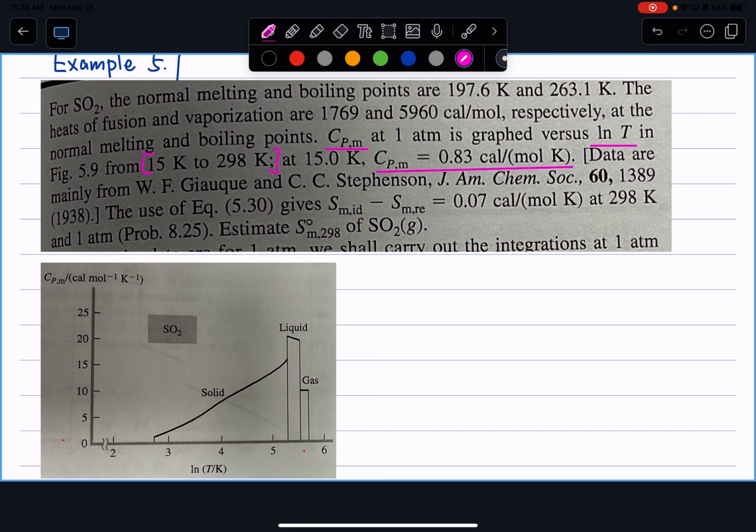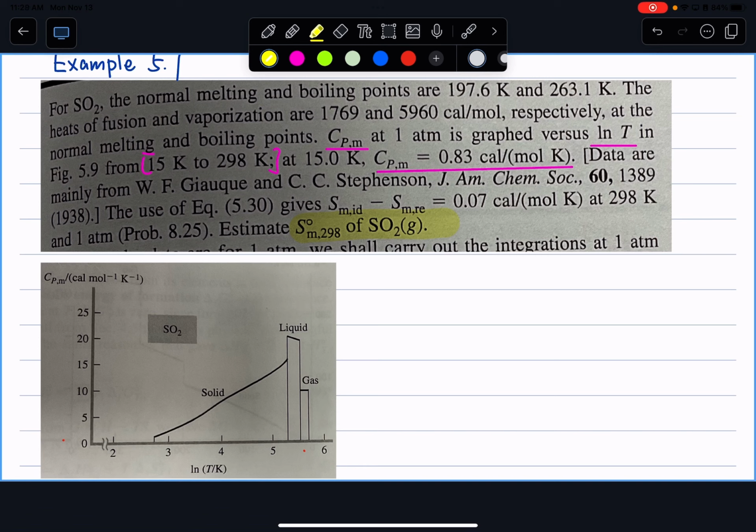That tells you what your heat capacity is at low temperature, so you don't need to calculate that coefficient; it's already given. It also tells you the difference between your ideal gas and real gas as a constant, and asks you to estimate the conventional molar entropy of your gas phase sulfur dioxide.